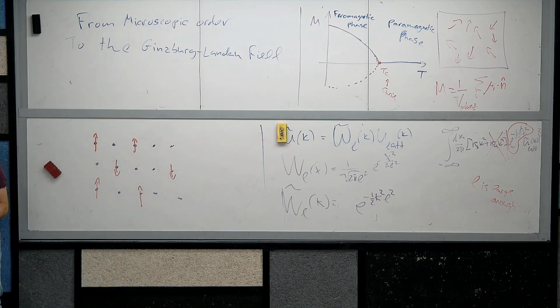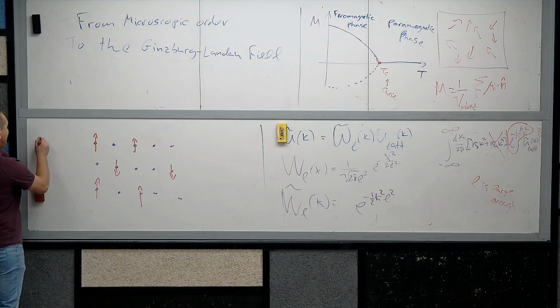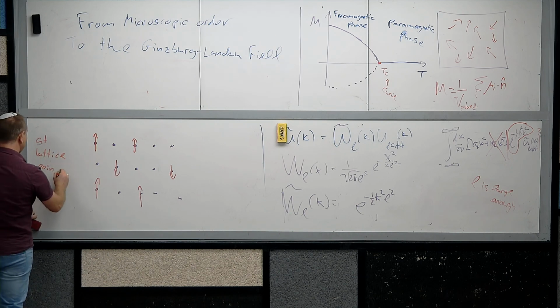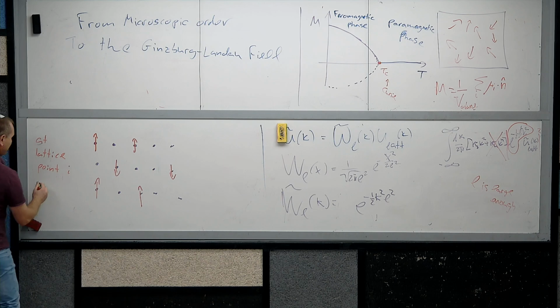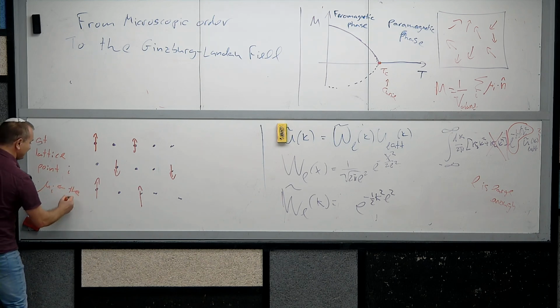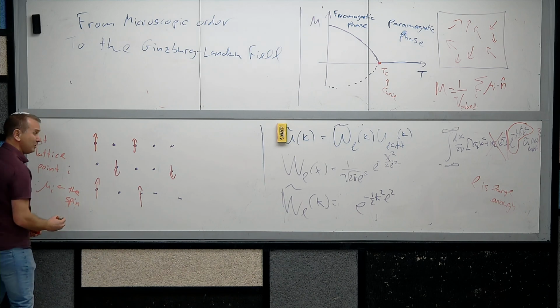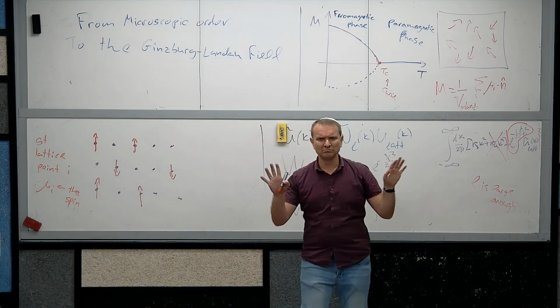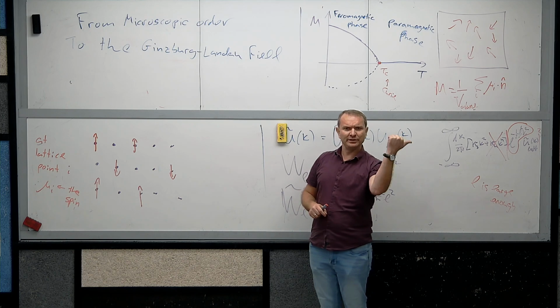At lattice point i, there is spin mu i. And you can assume that it can be either +1 or -1, or it can have different directions.